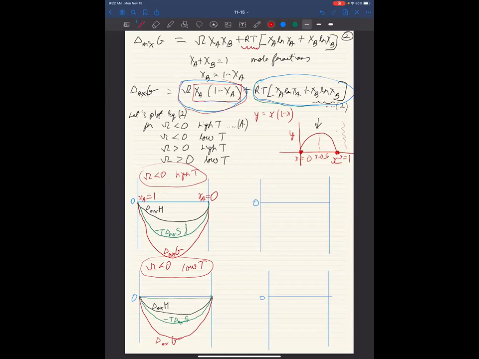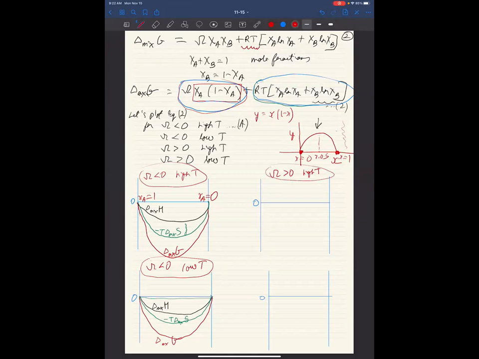Now let's go to the more interesting case, where omega is positive, and we are going to look at high temperature. What does omega positive mean?